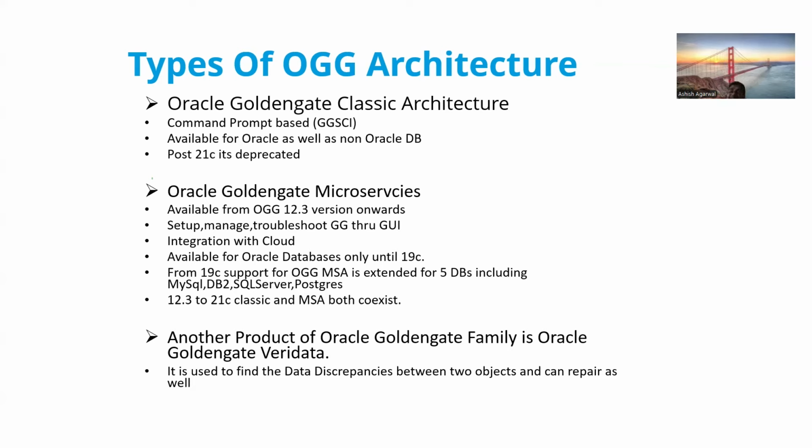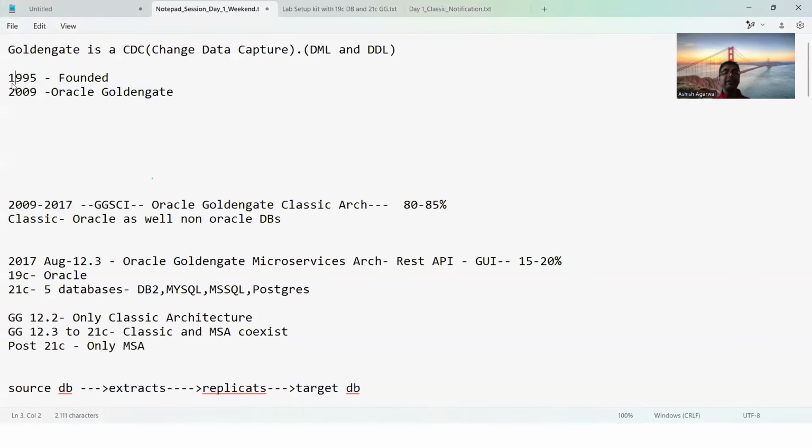Now, what is classic architecture? Initially when GoldenGate was developed, as I told you, in 1995, GoldenGate was founded. In 2009, Oracle took over. From 2009 to 2017, there was only one way to configure GoldenGate, and that was through the command prompt, GGSCI.